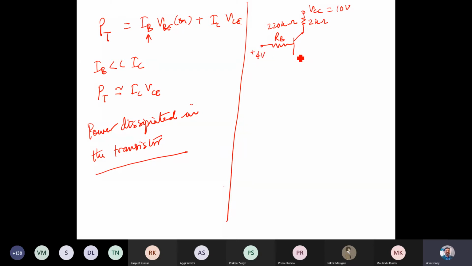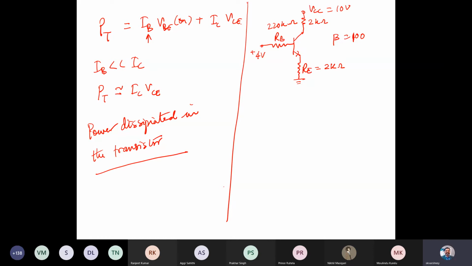We take the same example, and this is RE, let's say 2 kilo ohm, and beta we take as 100.